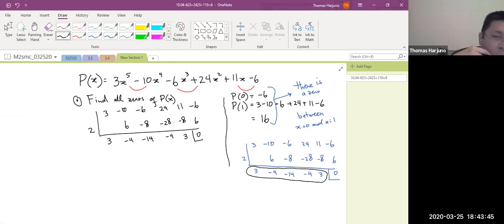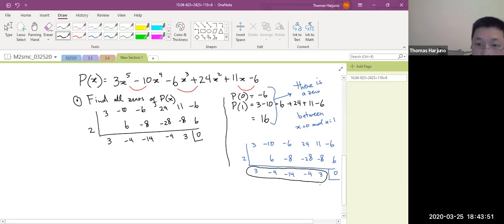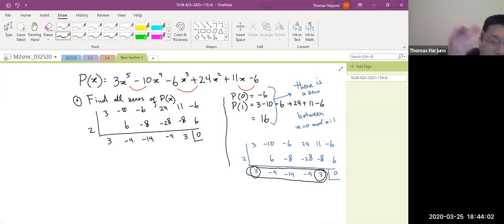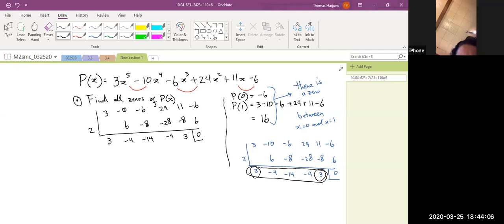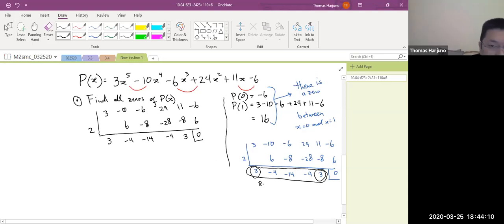The answer is no, because according to the rational zero theorem, factor of 3 over factor of 3 cannot include 2. 2 is not in the list. If I update my rational zero theorem right now, then it will be a factor of 3 over a factor of 3.